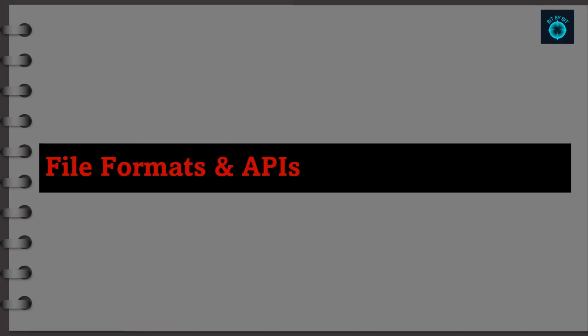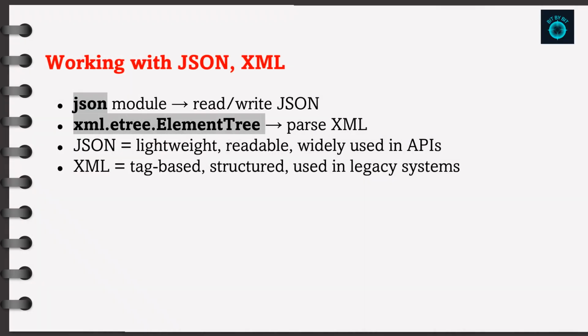File formats and APIs. Working with JSON and XML. In this section, we look at how Python works with 2 common data formats, JSON and XML. The JSON module is used to read and write JSON data. It's lightweight, easy to read, and commonly used in web APIs.